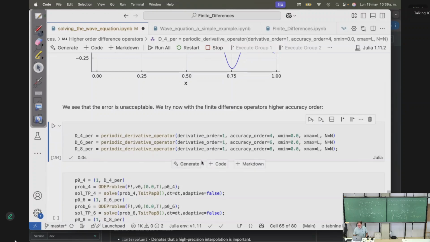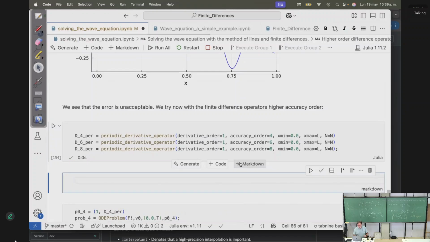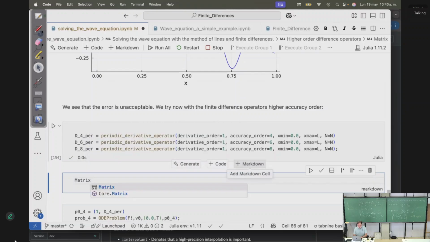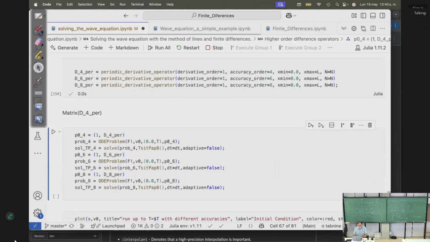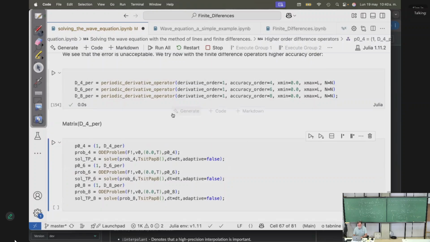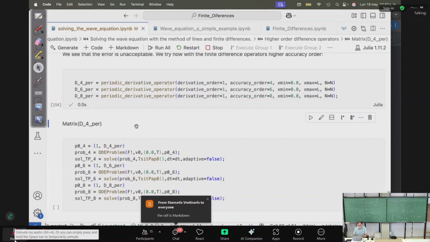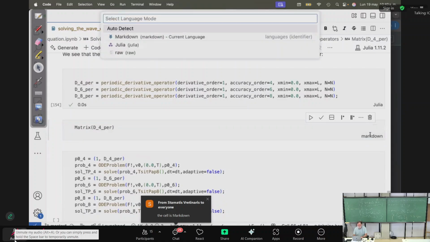Let's check the D4 that we have computed by hand. Oh, I got a markdown cell. I'll change it to Julia.